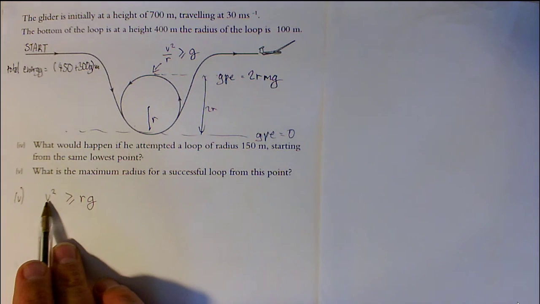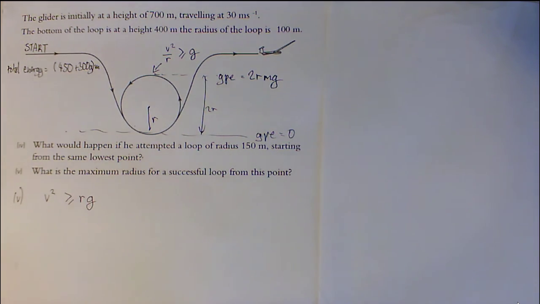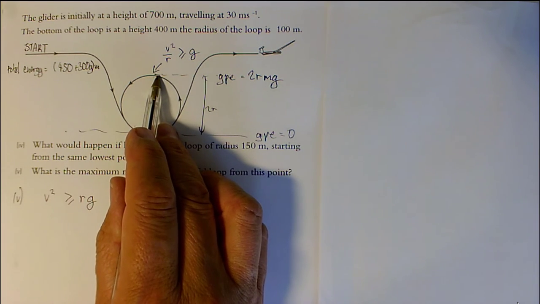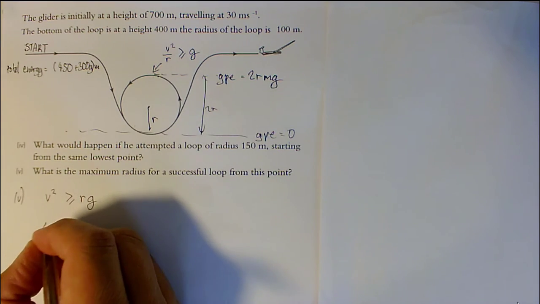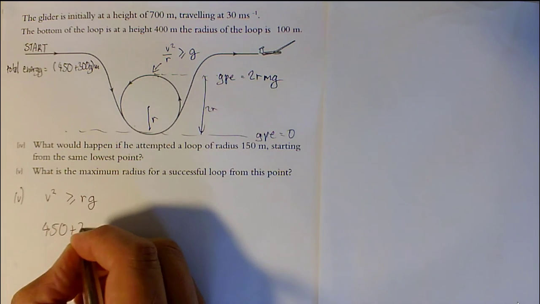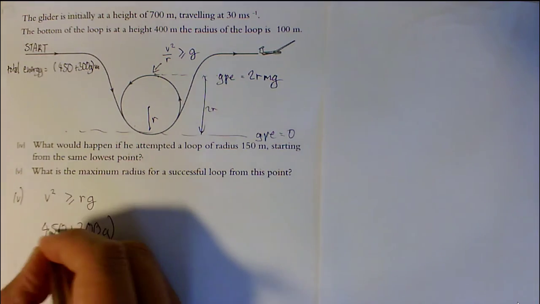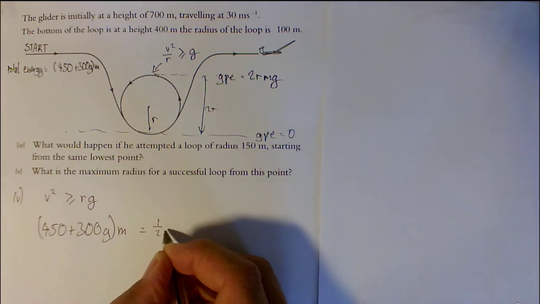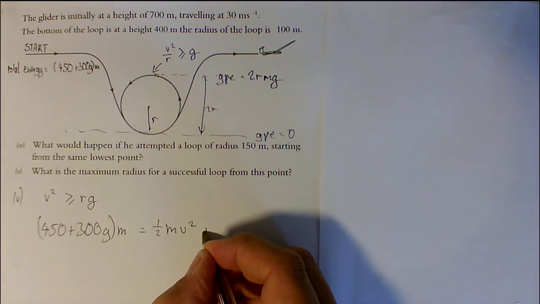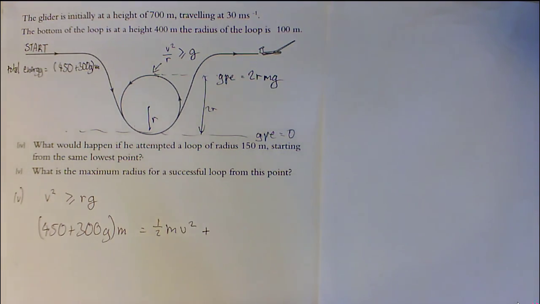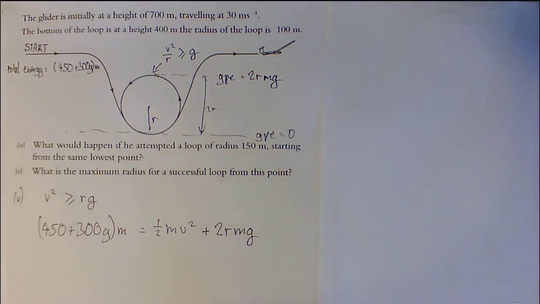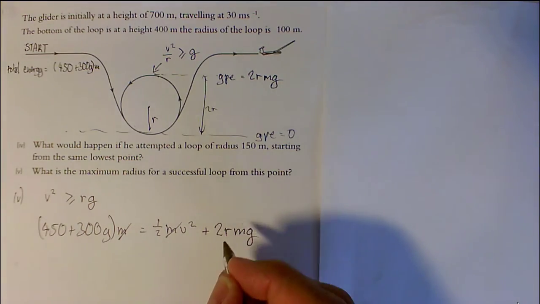But I can figure out what v squared is using energy. So that is exactly what I do. I say at this point here, the total energy of the system is, as ever, (450 plus 300g) times m. And that is going to comprise a combination of kinetic energy plus gravitational potential energy. And the gravitational potential energy is 2rmg. Well, as ever, I can cancel out all my m's.